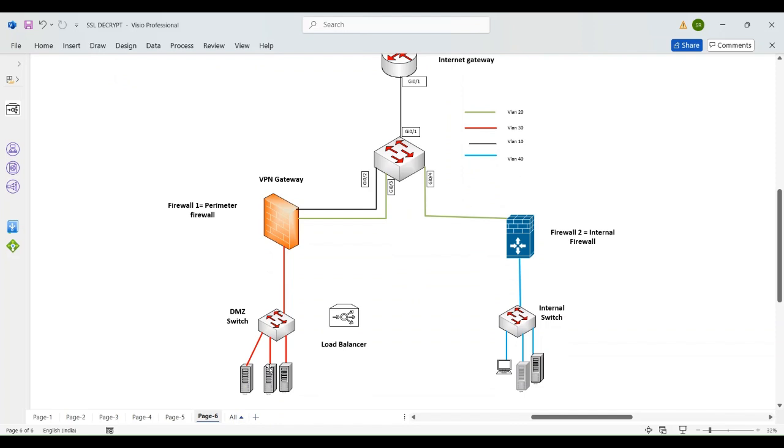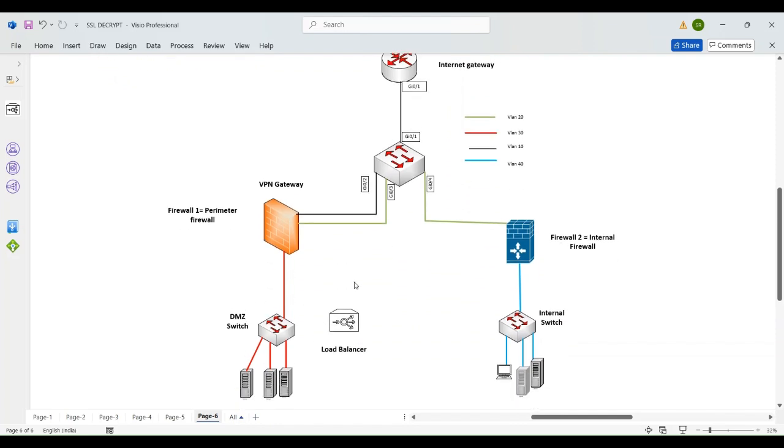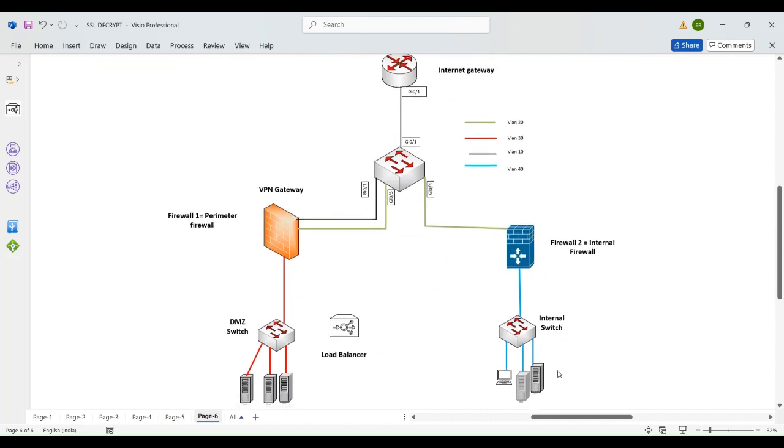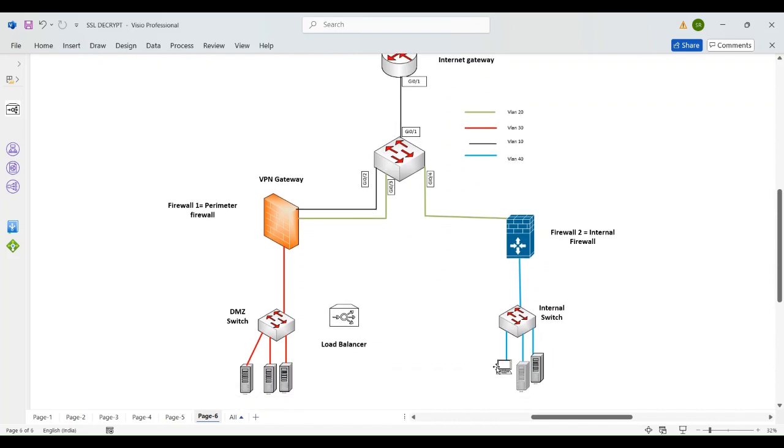So they are in the DMZ zone. We have internal servers. They are not exposed to the external world, right? In some scenarios, it could be exposed to the external world, but that's through the VPN connection, right? We have some partners. It's not open to everyone, but we have some partners or clients who want to access these internal servers.